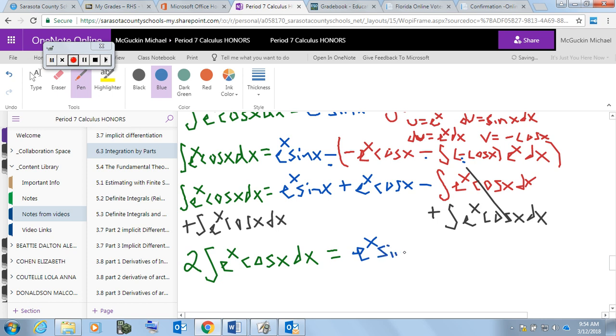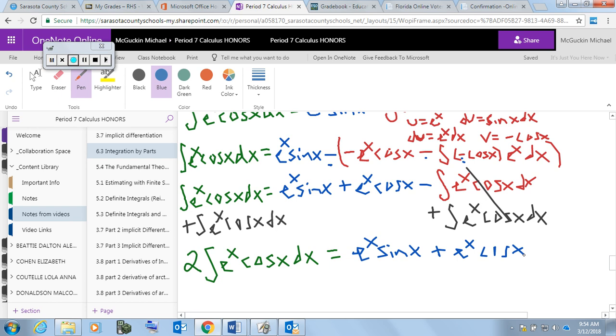E to the x times sine of x plus e to the x cosine x. Well, we're pretty close. We're pretty close to wrapping this thing on up. Remember, we want the value of the integral e to the x cosine of x.